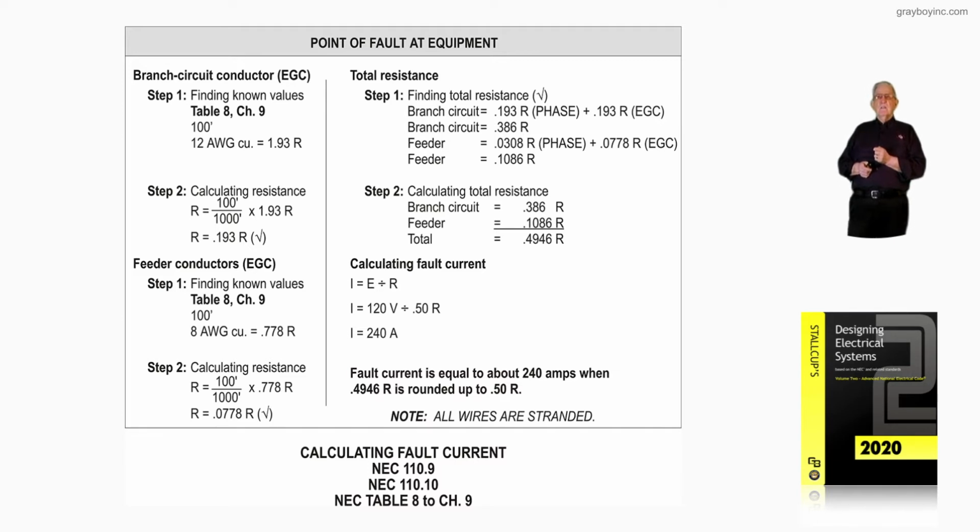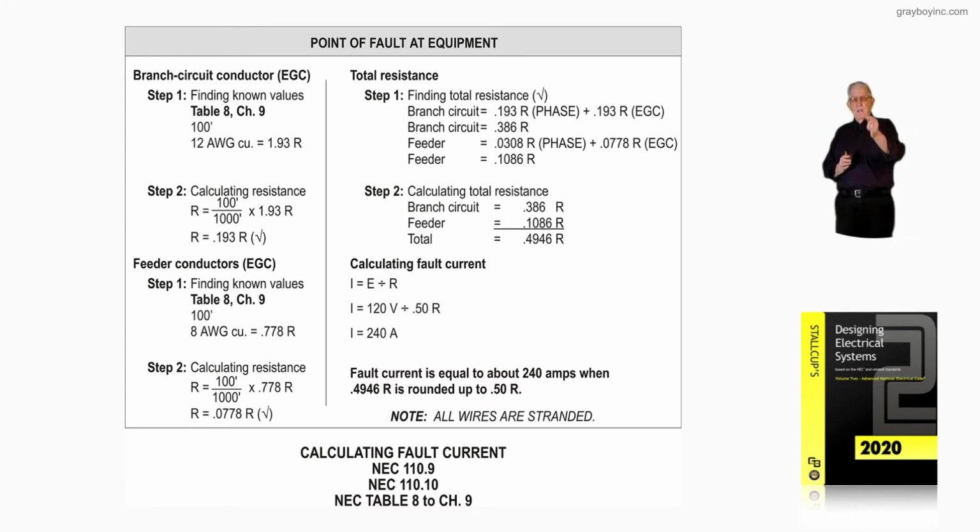The feeder, you had 0.0308 for the phases. But for the equipment grounds, that's what we're wanting to flow back. Go to the right of the step 1, and it's 0.193 plus 0.0778, giving you a total, when you added them together, of 0.4946. Now, that's the branch circuit and the feeder added together.